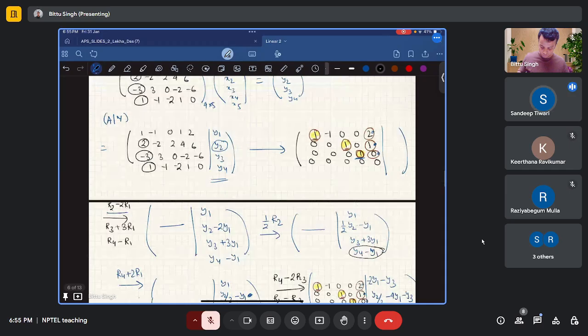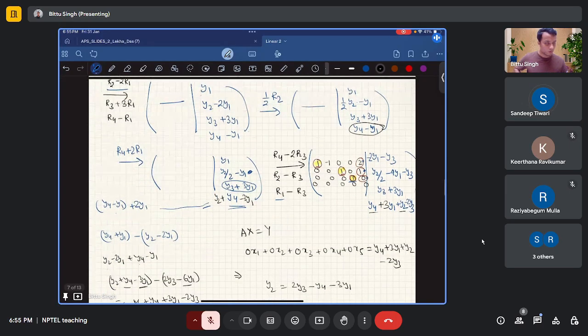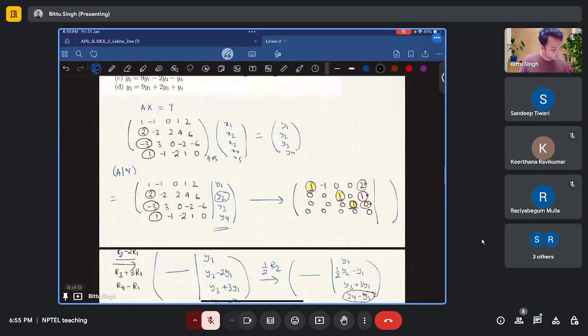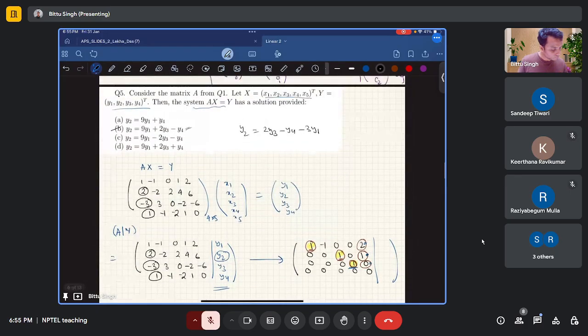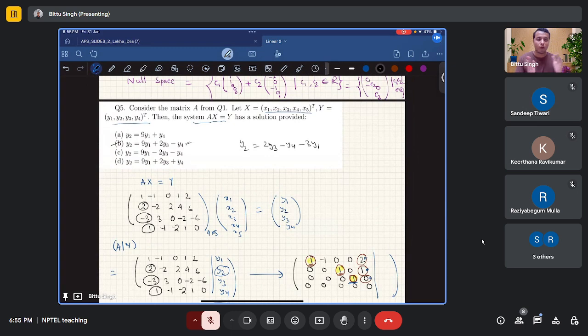So let us do it again, sir. Okay, for now let us keep it, but later we'll come back. Okay, sir, because the process is clear, right? You need to form an augmented matrix and perform row reduction such that it becomes row reduced echelon form.